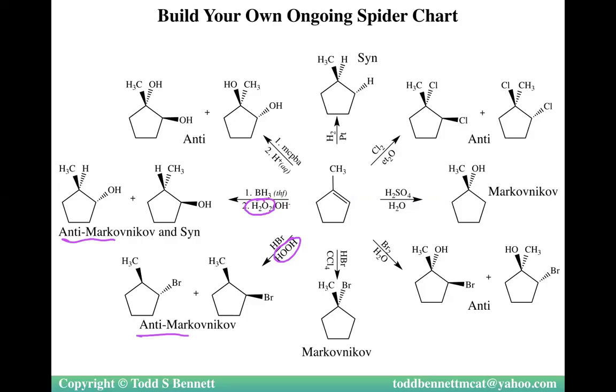Okay, couple reactions that are not on here that you might want to make note of. This one, there is also the ability to use Hg(OAc)2. And that's step one, you have to follow that with step two.